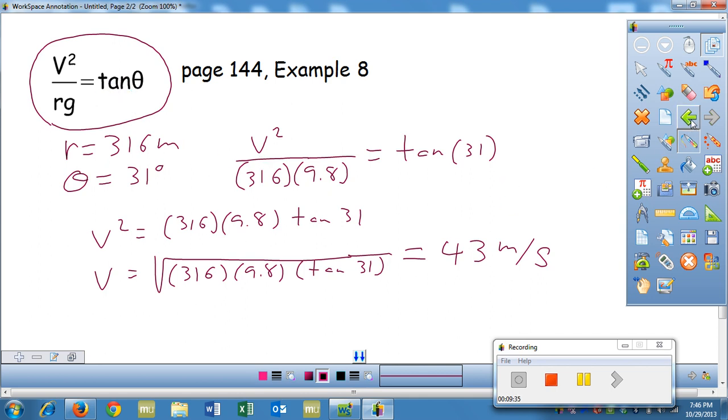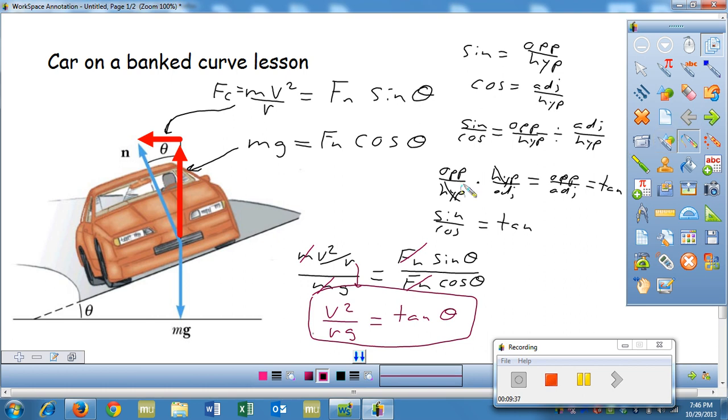Let's just go back for a second and remember where it came from. Basically, if you take the normal force, we can divide it into two parts. The horizontal part is equal to mv squared over r, and it's also equal to the normal force times the sine of theta, since it's the opposite of theta. By the way, theta is down here.